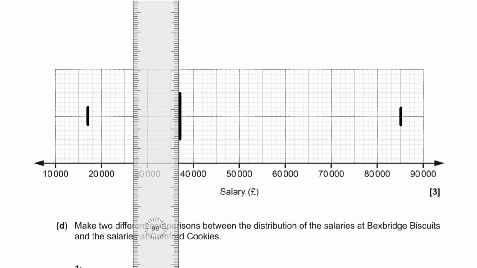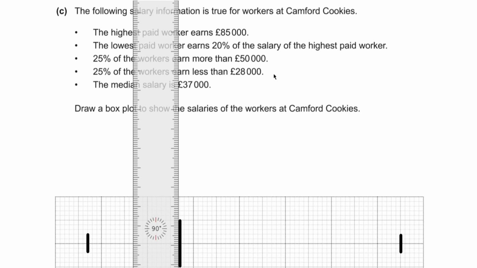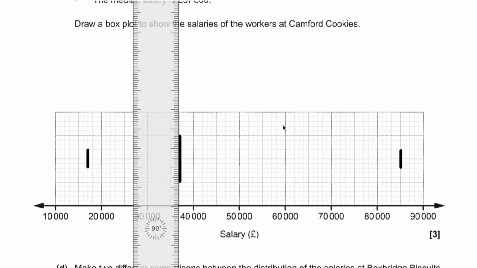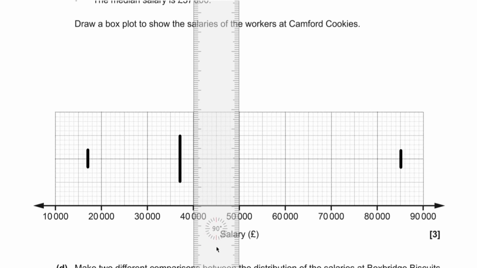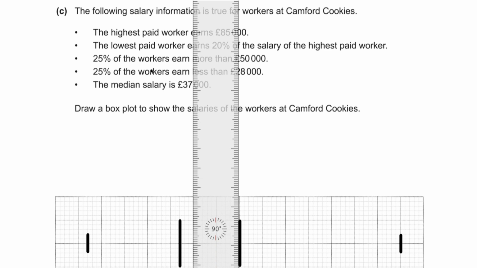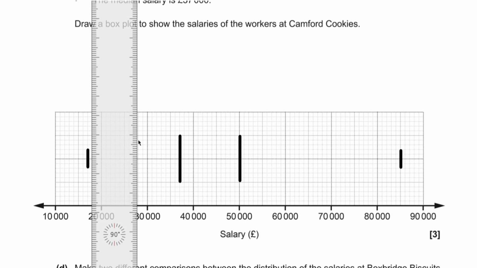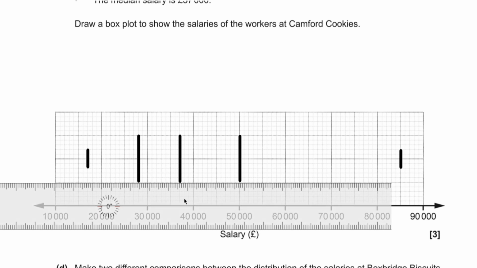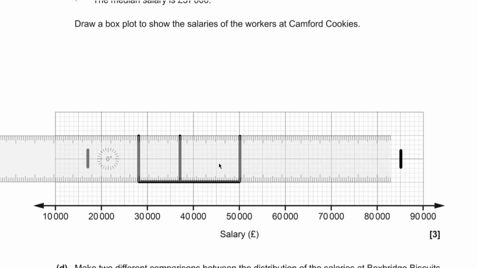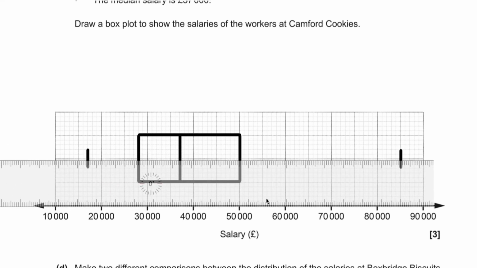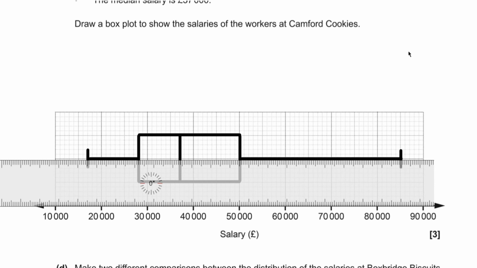And then it says 25% of the workers earn more than 50,000, so that is the upper quartile. And then it says 25% of the workers earn less than 28,000, so that will be the lower quartile. So if I complete my box plot, here is my box plot.